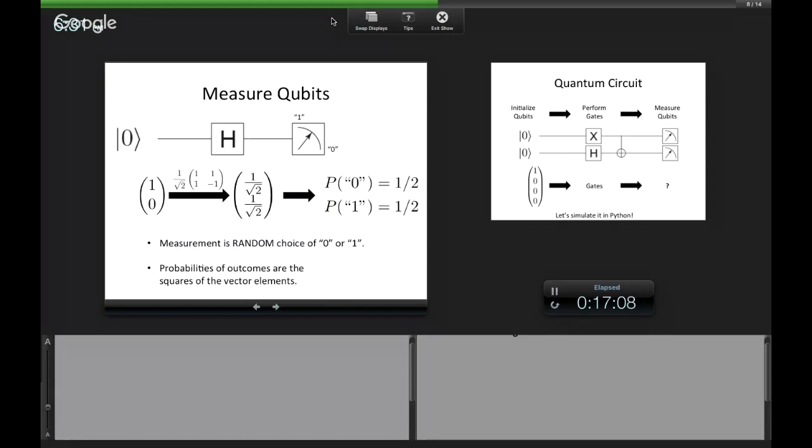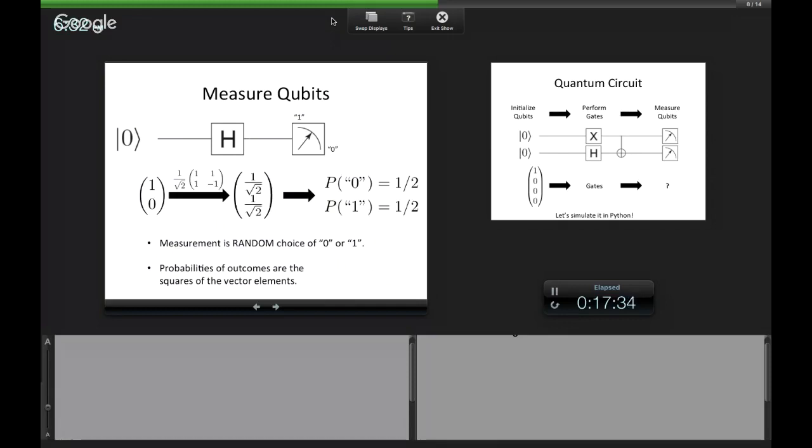And then it goes into the measurement device. And what happens when you make a measurement is it outputs either 0 or 1, but it chooses it randomly. There's no way to predict what the device is going to say. But whatever the vector was before the measurement device determines the probability distribution from which the measurement device samples.